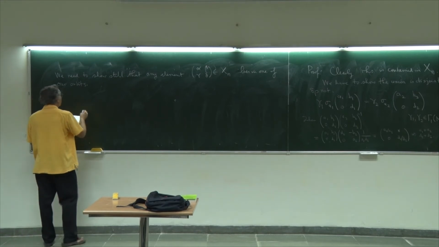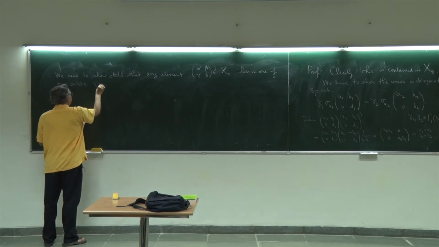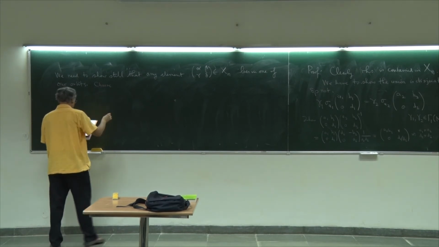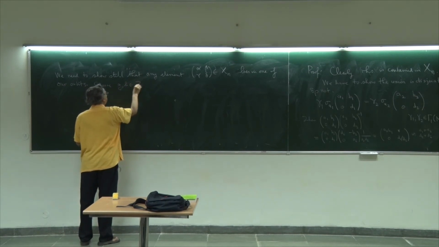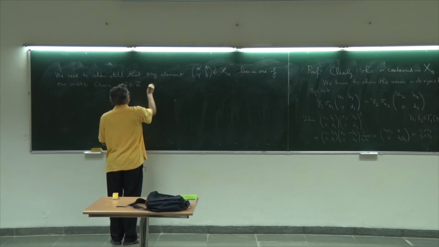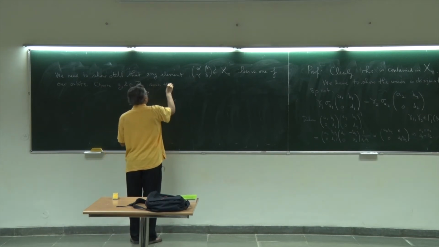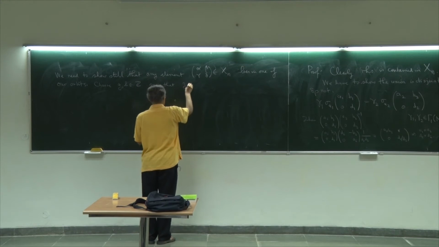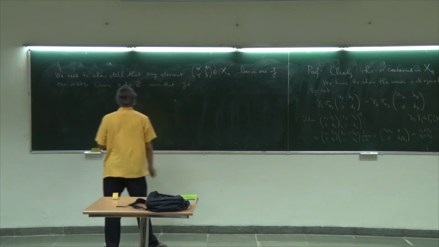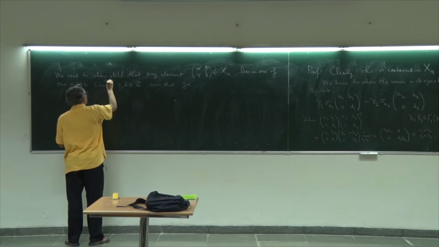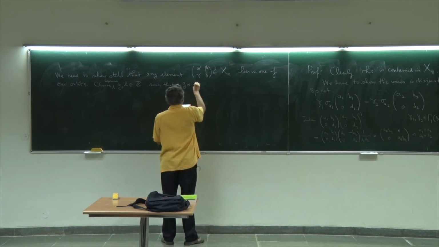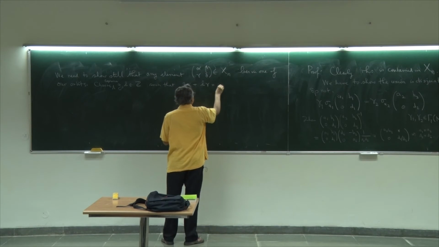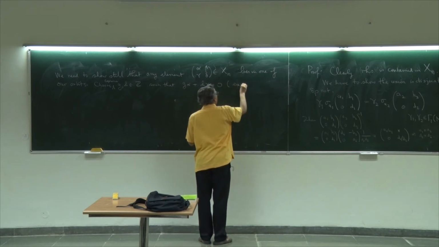To do this, choose integers g and h so that g alpha plus h gamma is 0. Choose co-prime integers. Otherwise, any old integers, 0 would work. Choose co-prime integers g and h such that g alpha plus h gamma is 0. I'll leave this as an elementary number theory exercise.